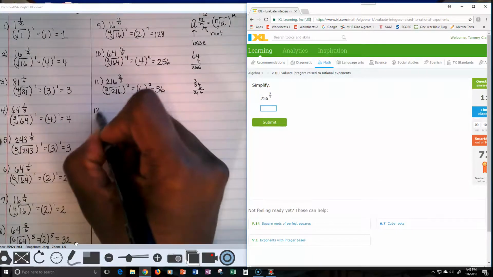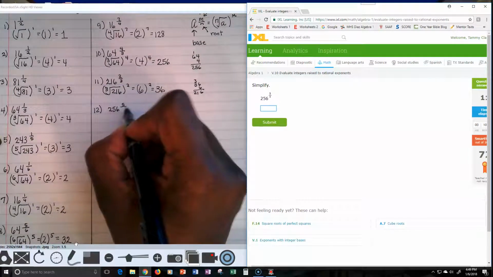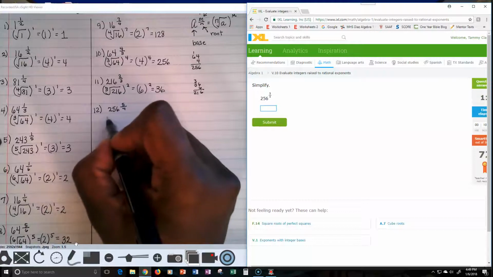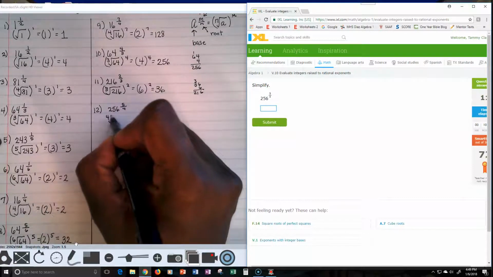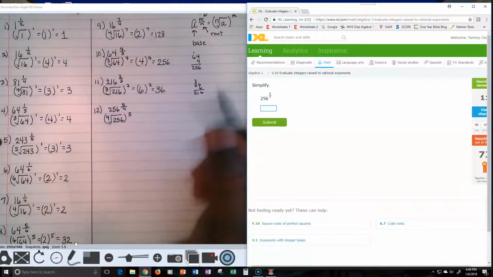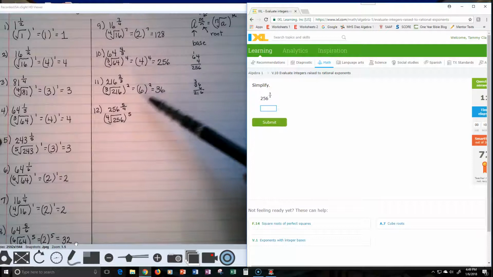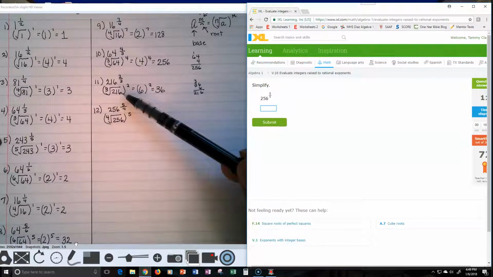Then for number 12, we've got 256 raised to the 5/4 power. So we're going to take the 4th root of 256. We're going to take that result and raise it to the 5th power. So we're thinking what number 4 times gives us 256? Well, let's see. 6, 3 times gave us 216, so that's too high.